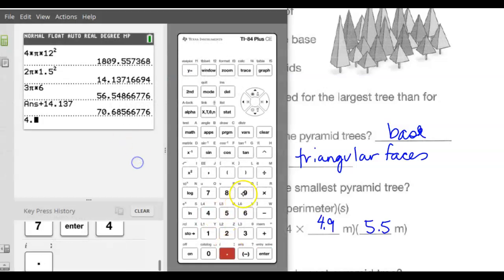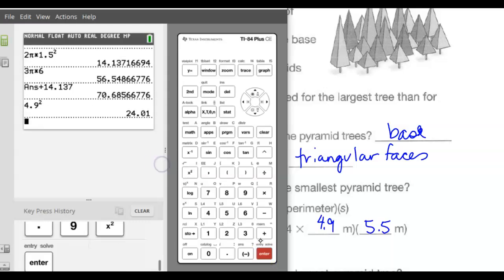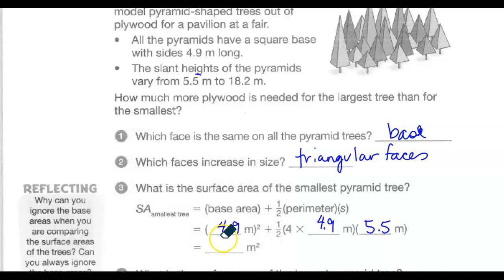So 4.9 squared, 24.01. I'm going to do it in steps here.